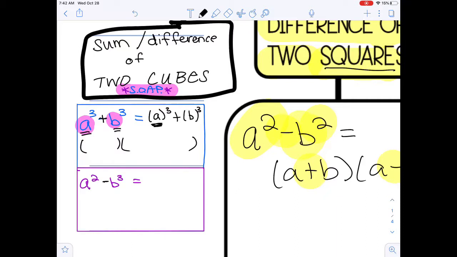Whatever this term is right here, we're going to put that here. We're going to put that here, okay? And then whatever this value is here, I'm going to put that value, or a squared, right here. And then I'm going to put 2, whatever both of these terms are, 2a times b in the middle. And then we're going to go b squared at the end.